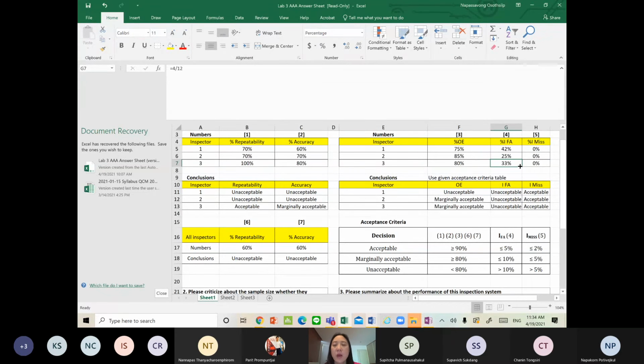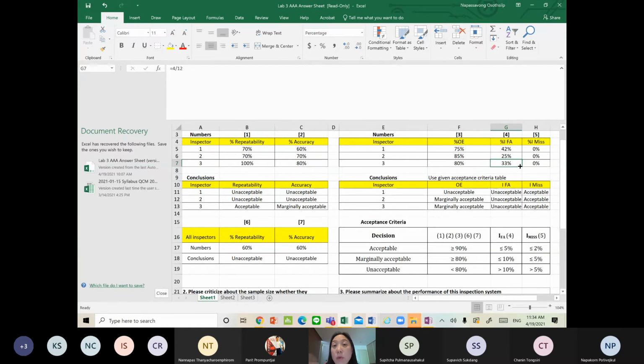to prevent those causes of error. For example, false alarm may be caused by them misunderstanding the standards. This defect should be counted as good, but they think that this defect should be counted as bad.